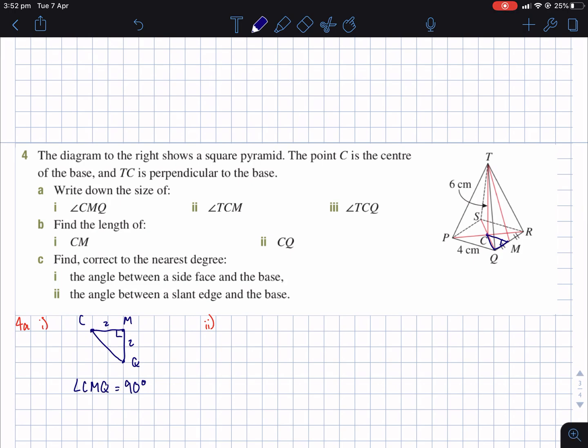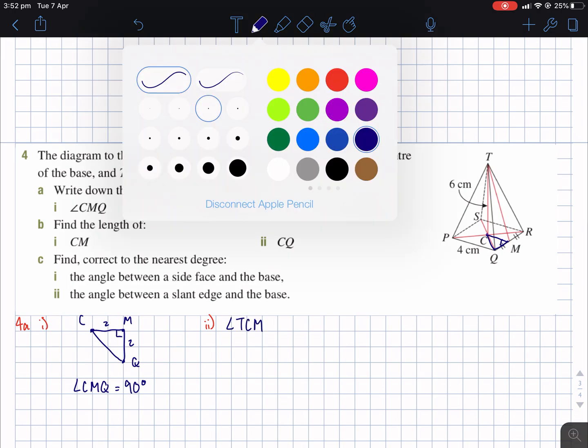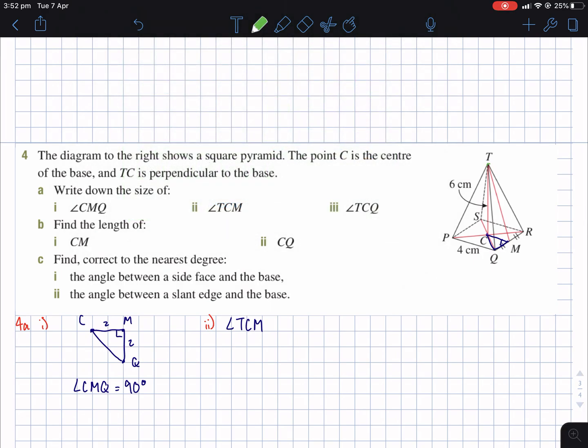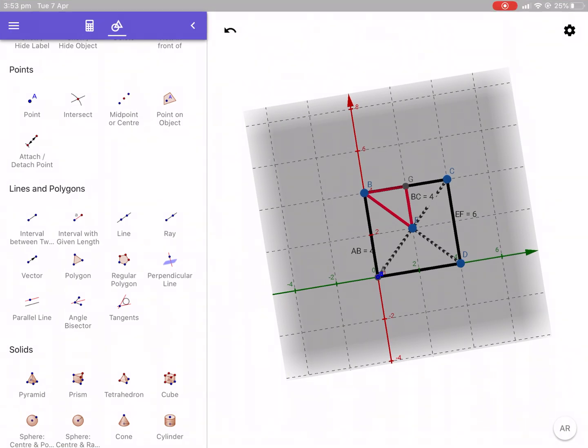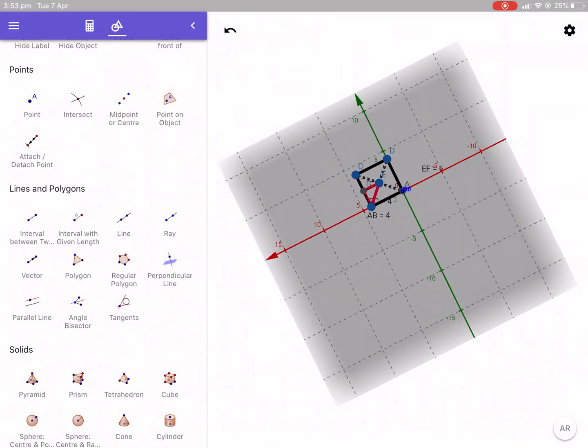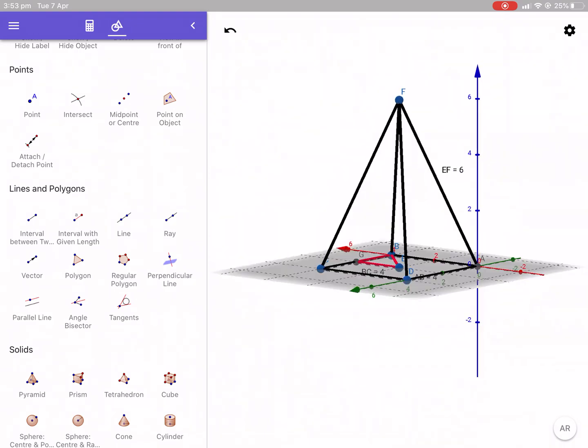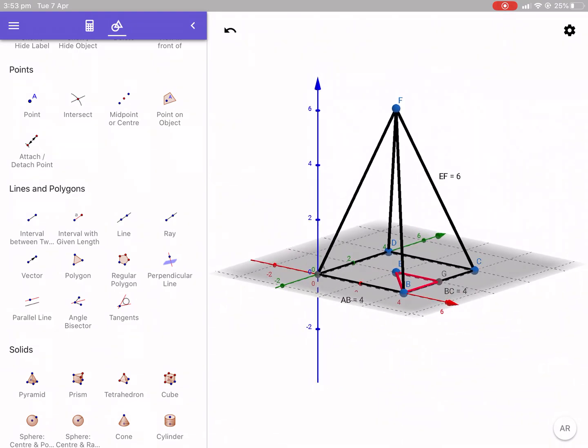If we have a look at number 2, we're trying to do angle TCM. So this time, I'm going to do it in green. We've got T, we're going down the middle to C and across to M and back. So this is going to make a lot more sense if I have a look here.